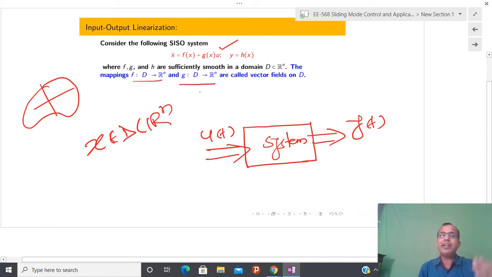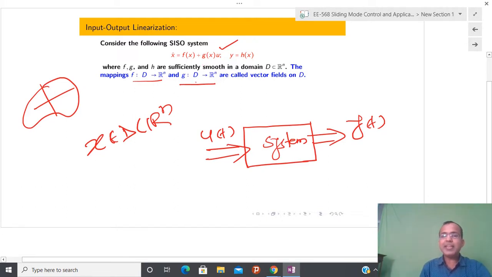So whenever you are writing papers, please try to write that. And if you read some part of geometrical control theory, then if the vectors f and g are sufficiently smooth, sufficiently smooth means I am able to take the partial derivative of f with respect to x, similarly the partial derivative of g with respect to x. Sometimes I need n times differentiability.